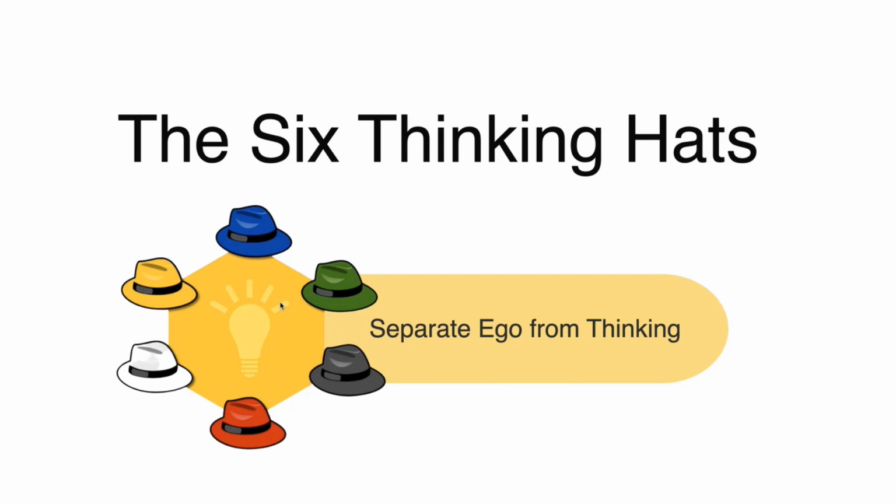It basically sets the program. It's applicable for a single person, and it's applicable for a group. Both can do it. And instead of trying to do everything at once, we wear only one hat at a time. So let's say there are six people in the meeting. They all could be doing green hat thinking at the same time for 1 minute.